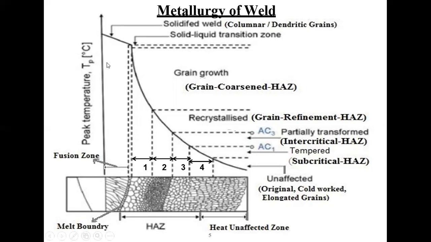Another term: we can see there is a curve. That is the solid to liquid transition curve. That means in the center we are applying heat and the metal will be melted and will be in the form of liquid.